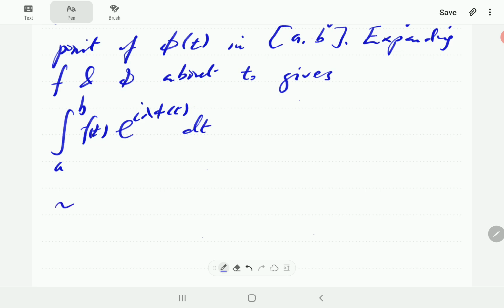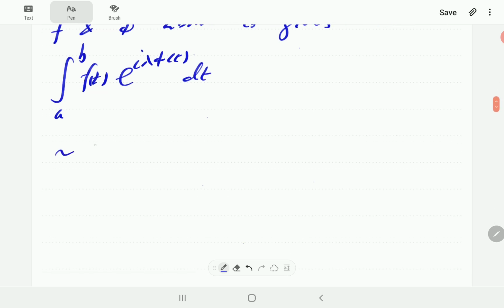So this now is going to be like the integral from a to b. f of t naught here we'll just take the leading order term, then exponential of i lambda.